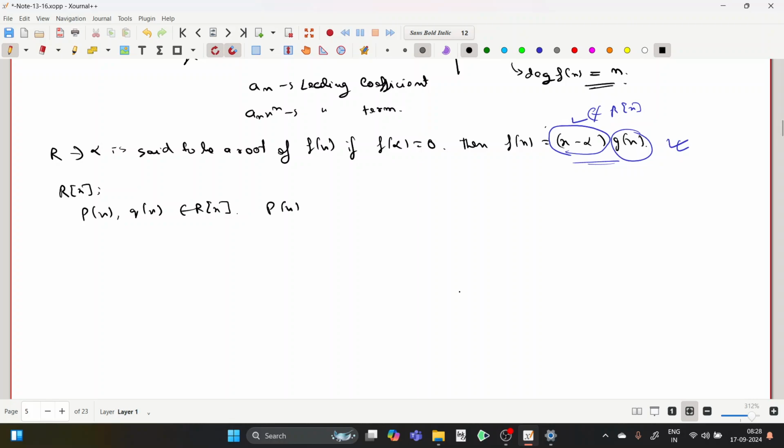Let us give a formal expression: P(x) is a0 plus a1x and so on till an x to the power n, and I choose Q(x) equal to b0 plus b1x and so on till bn x to the power n. Let's say both degrees are the same, and the reason is that the addition we will define is component wise.